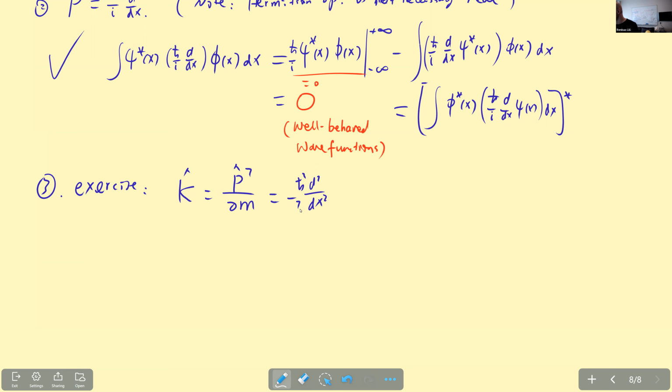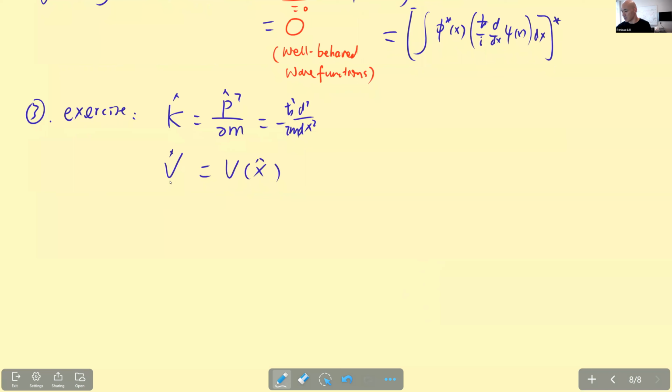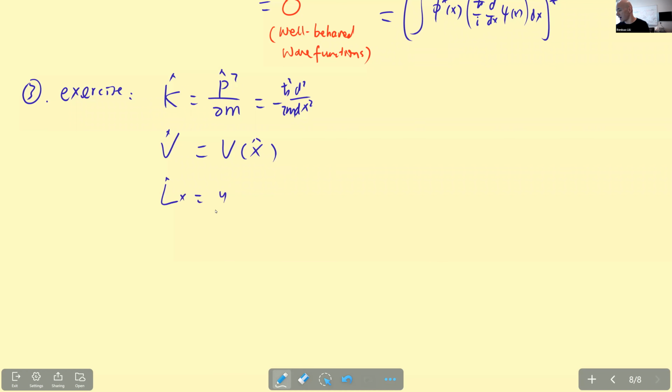Or you can of course have this one equals V(x), right? You can also have, for example, Lx equals y pz minus z py. Okay, and Ly, Lz, and L squared.